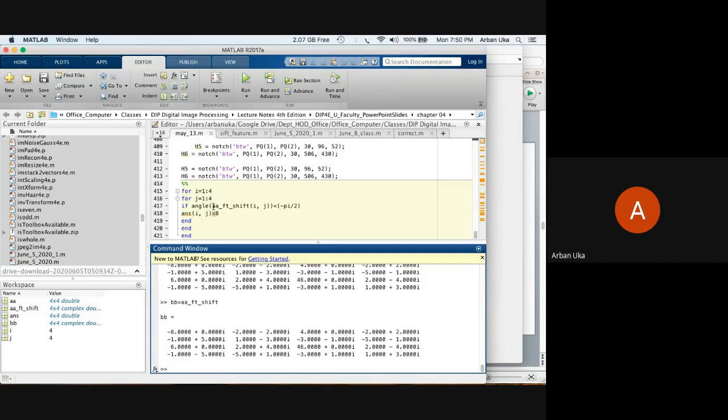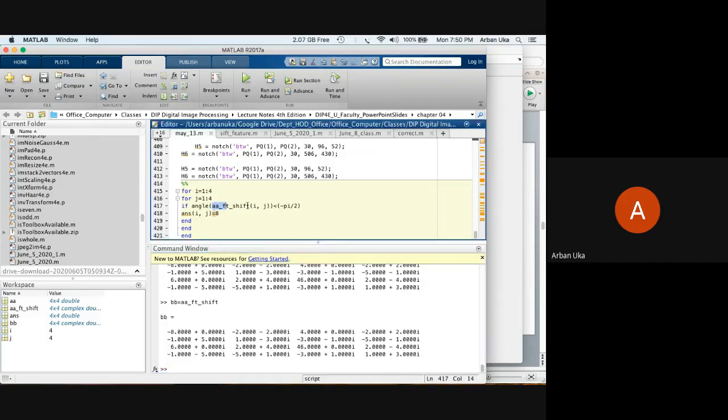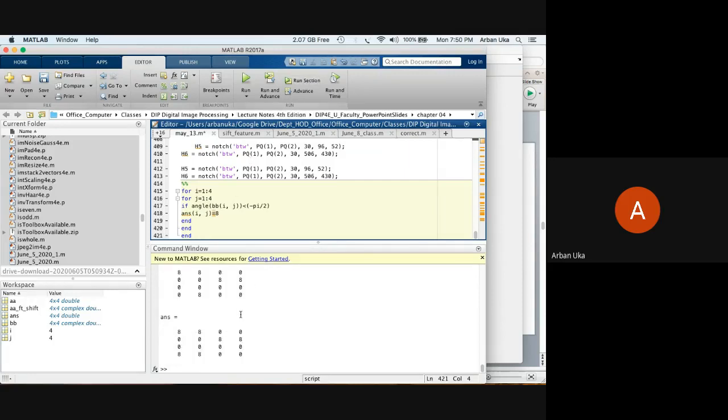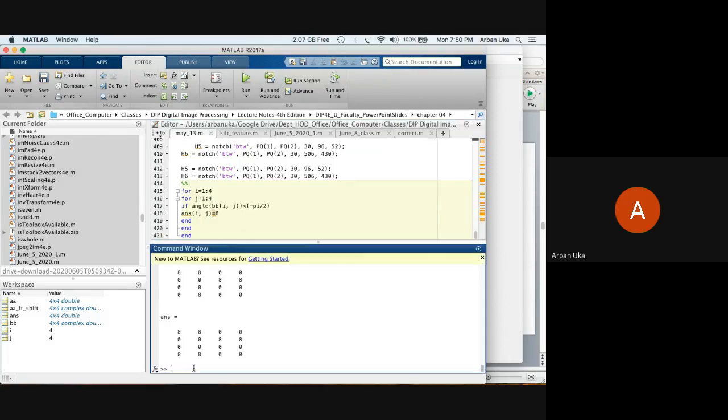This is BB, and it's going to be easier for us. Okay, here we got it. But now, is this good? We checked whether the angle was less than minus pi over 2.